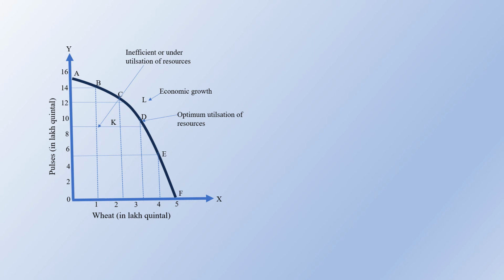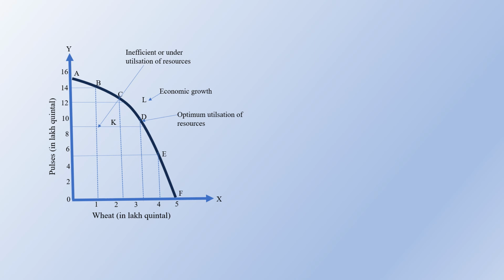It is a downward sloping curve from left to right because to increase the production of one good, we have to decrease the production of the other good. This shows the inverse relation between the production of two goods. The other feature of this curve is that PPF is concave to the origin. The shape of the production possibility curve is concave to the origin.